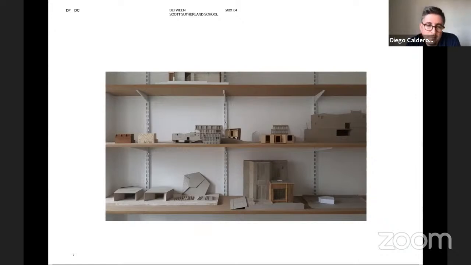We are all the result of the conditions and constraints around us. So the idea for the practice from the beginning was that there wasn't a main office and the other a branch of it, but actually one thing that happened to be based in two contexts.